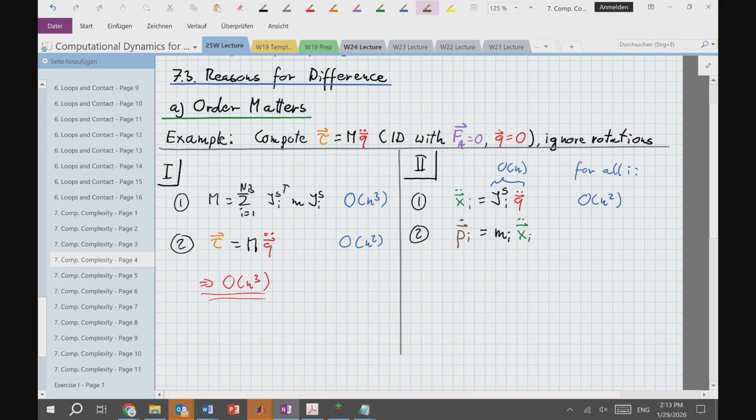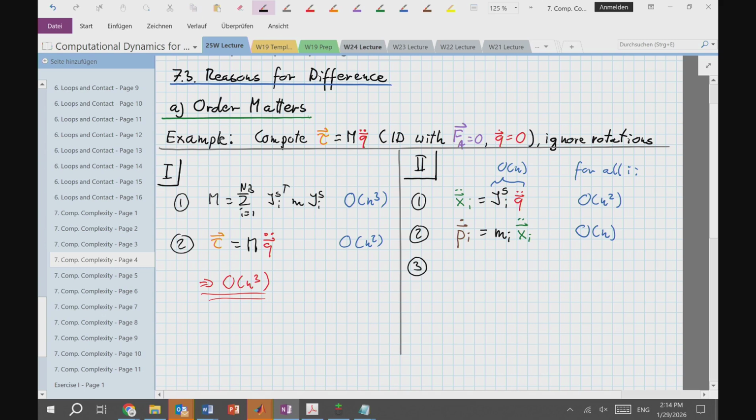M times xi for all bodies. Here, this is just 3 multiplications. So if you would say this is constant computational complexity for one operation, n doesn't even show up. It's just the number 3 for the 3 dimensions. But if we do it for all, I have to do this n times. So computational complexity order n.